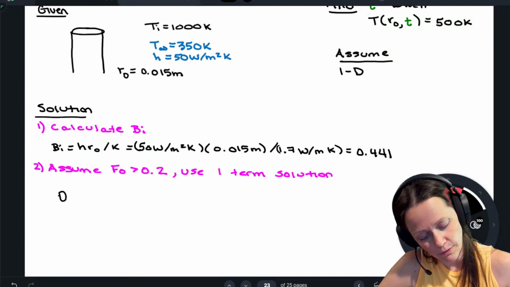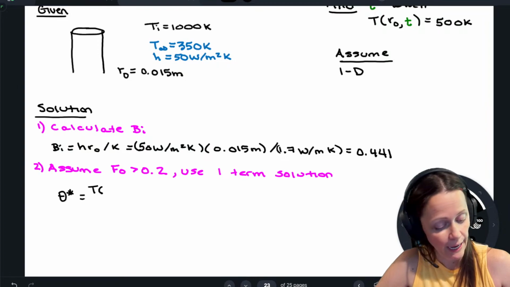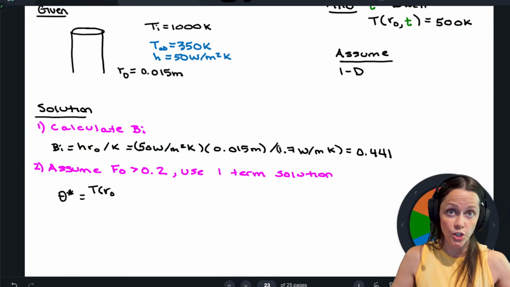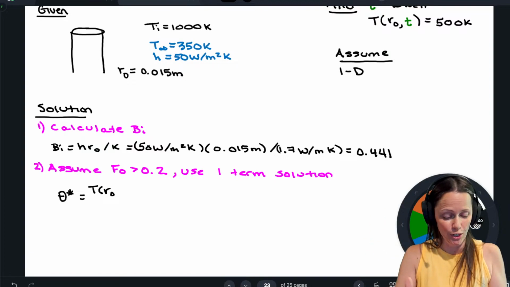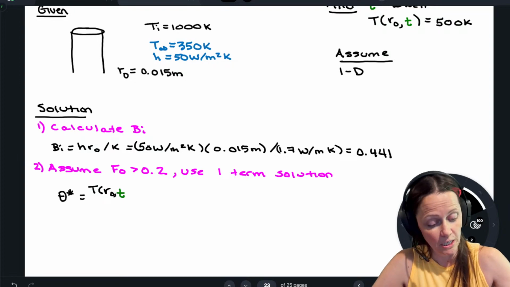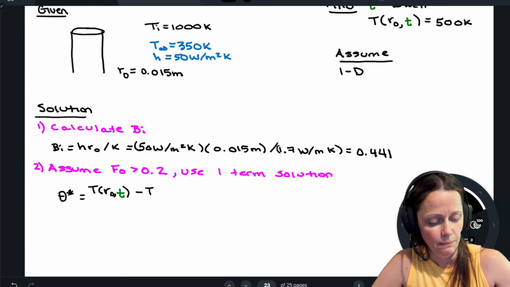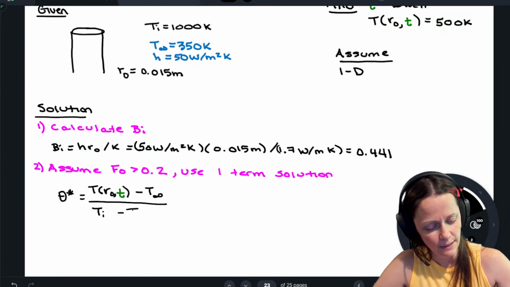I have theta star, which is T at the position and time I'm interested in, the surface at r naught and a particular time t, minus T infinity, over T initial minus T infinity.